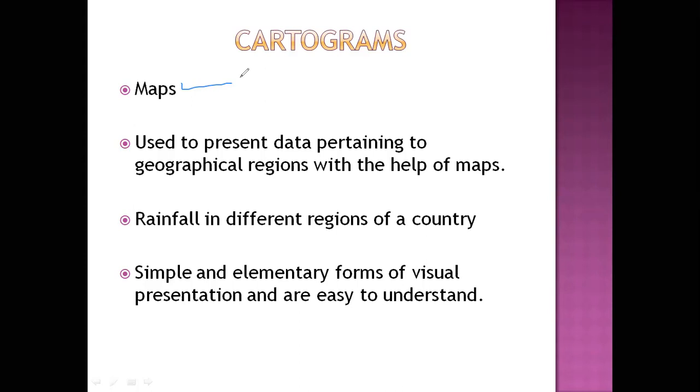Location of important cities or rainfall in various regions or British Empire in olden days. Likewise, we can show the data pertaining to all this that I mentioned now with the help of maps or cartograms.